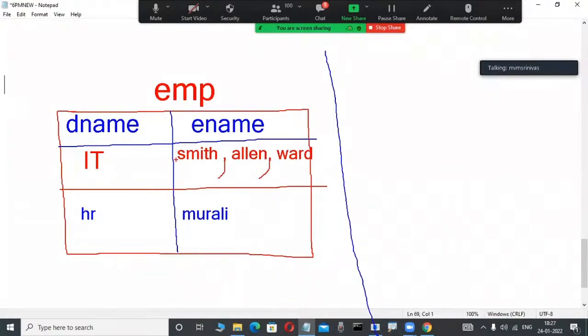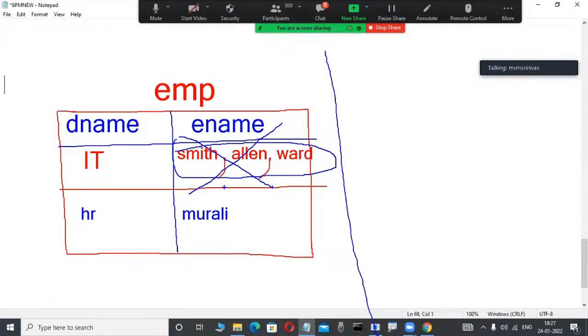For example, here is the problem. Smith, Allen, Ward are stored separated by commas. It won't work. This cell is not working. Why? Because data in each cell should be a single value only. That is a rule in relational data model products. In books, everyone writes the same: data in each column should be atomic.